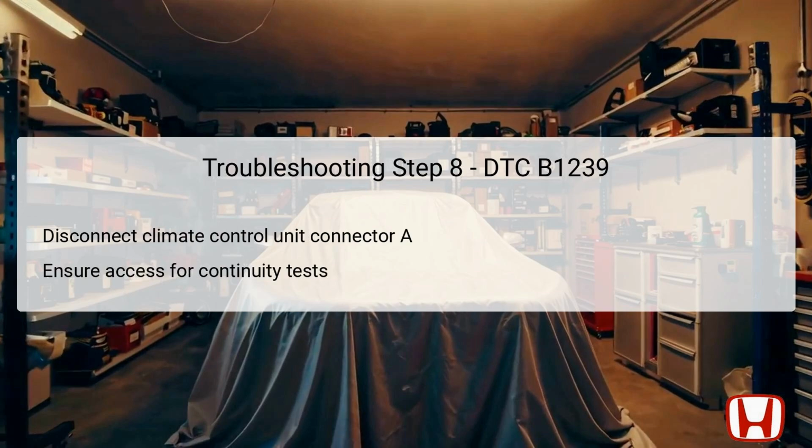In this 8th troubleshooting step, the climate control unit's connector A, identified by its 28P terminals, needs to be disconnected. Similar to the prior step with the mode control motor, disconnecting this unit allows for isolated testing of the electrical pathways. This step is pivotal because it ensures that any connections between the climate control unit and the mode control motor can be independently assessed for continuity.